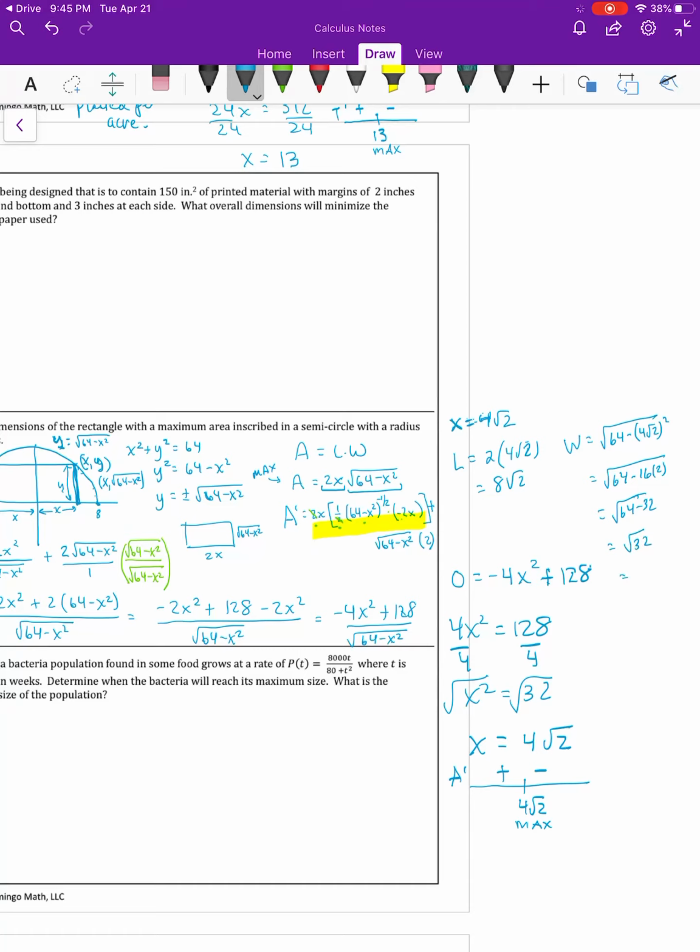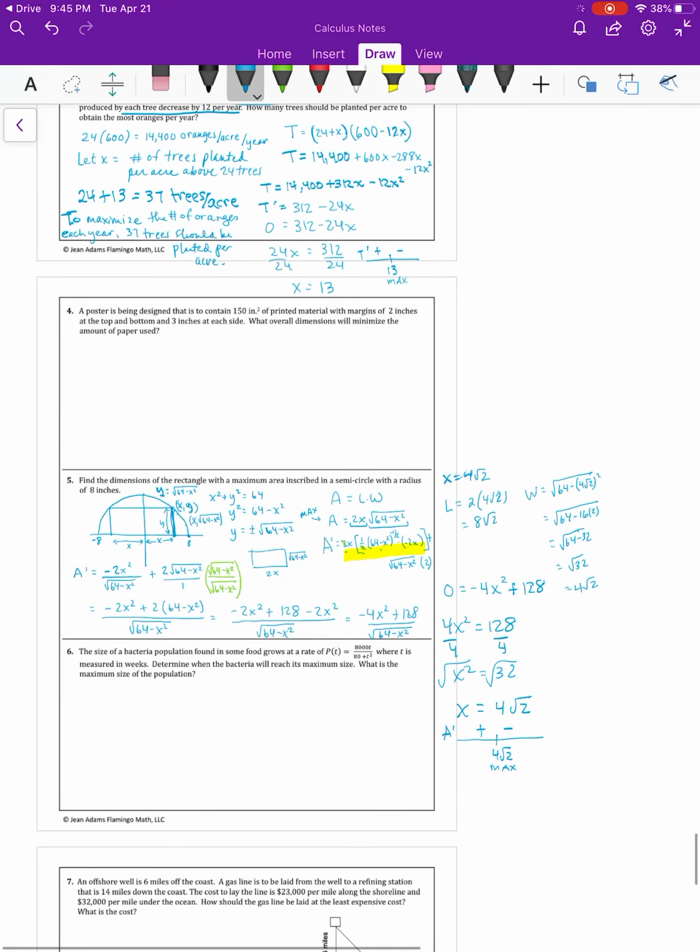To find the width of the rectangle, we're going to take the square root of 64 minus 4 root 2 squared. So that's the square root of 64 minus, this would be 16 times 2, the square root of 64 minus 32. That's the square root of 32, which we said was 4 root 2.